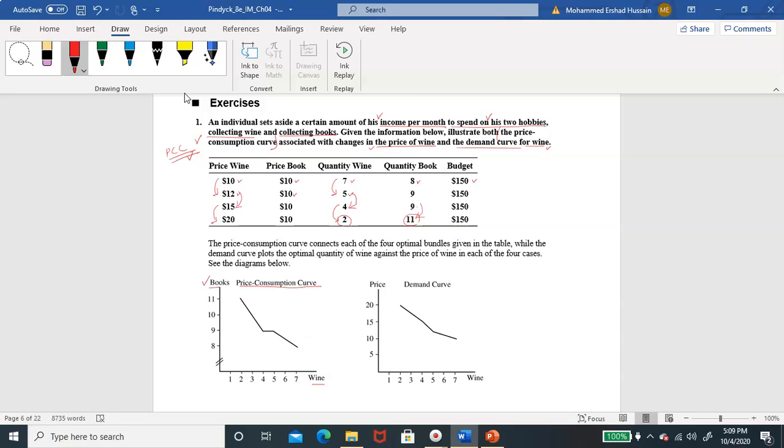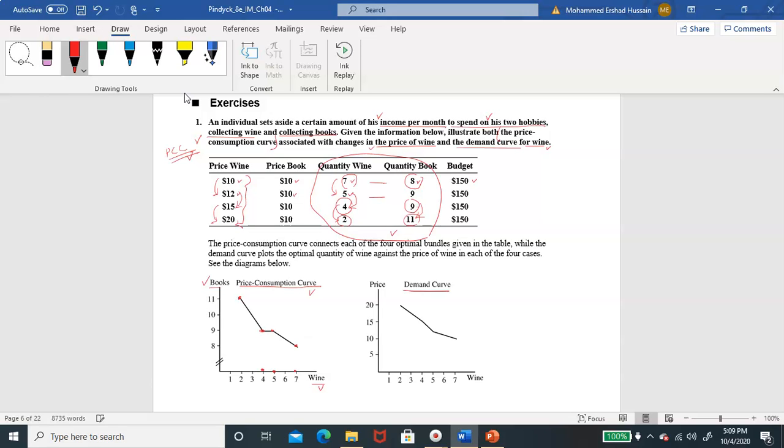The next combination is 4 wine and 9 books. Then 5 and 9. And this is 7 wine and 8 books. This is the price consumption curve. These are the combinations that he will buy at equilibrium given these prices. The combinations are changing because the price of wine is increasing step by step.